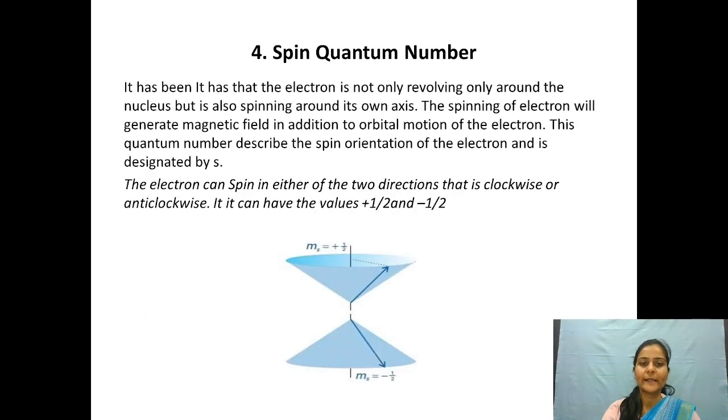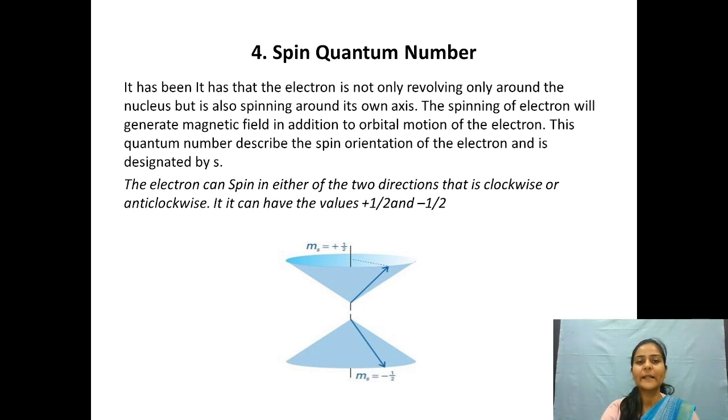Last but not the least is the spin quantum number. As you all know, the electron is revolving around the nucleus, but it is also spinning on its own axis. Similarly, in the case of the Earth, the Earth revolves around the Sun, but it is also rotating on its own axis.